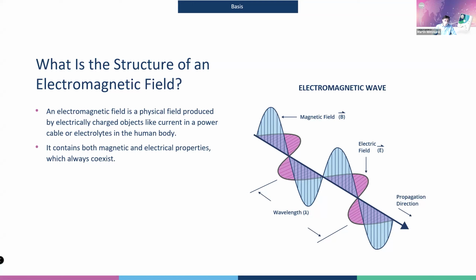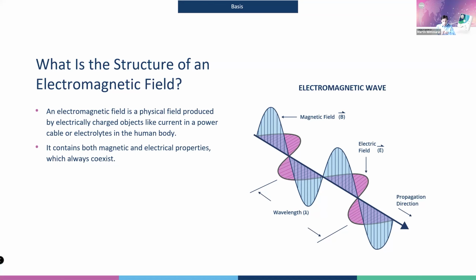So, electromagnetic field. It's basically a physical field that's produced by electrically charged objects. Like current in a power cable or electrolytes in a human. And that's very important. So everyone knows, I don't know, a lamp or something.